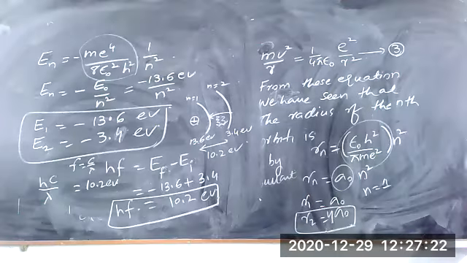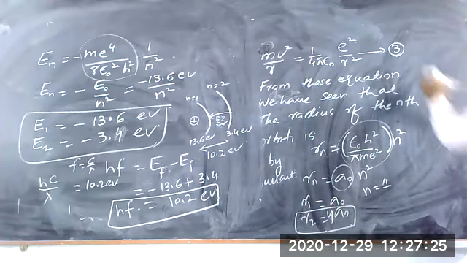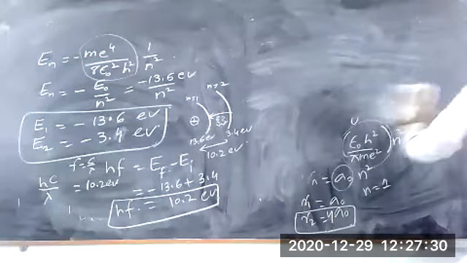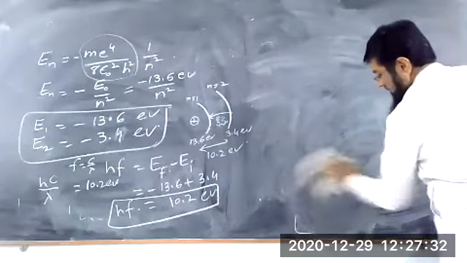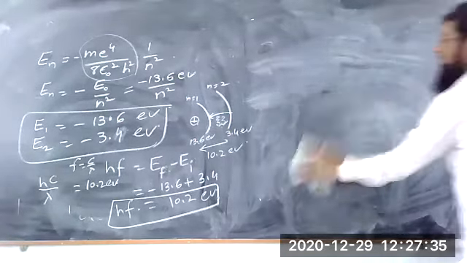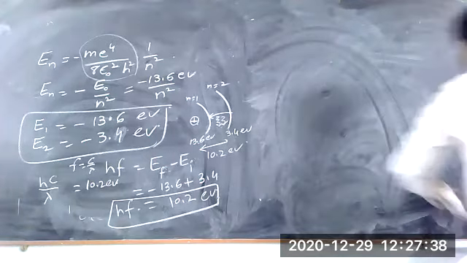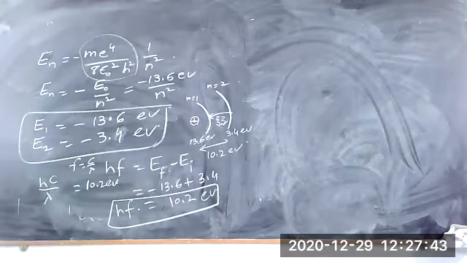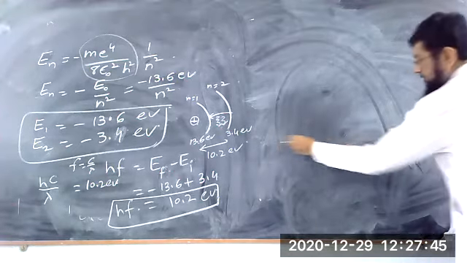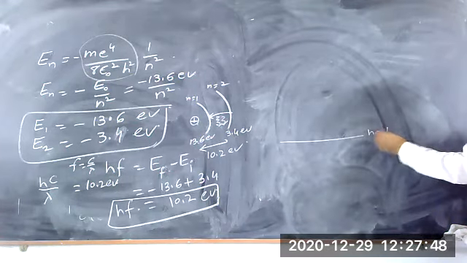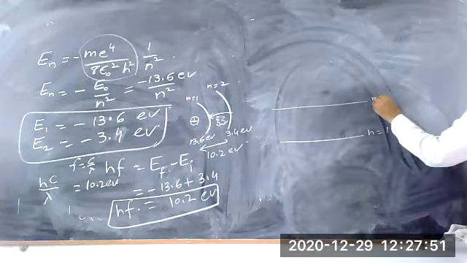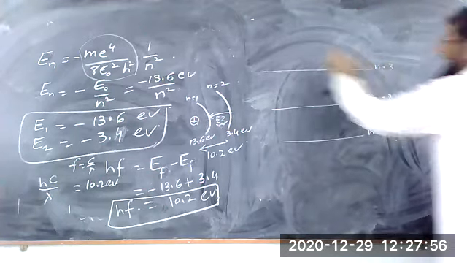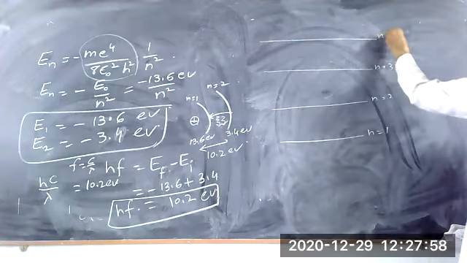Similarly, here this is n is equal to 1, n is equal to 2, n is equal to 3, n is equal to 4, and so on.